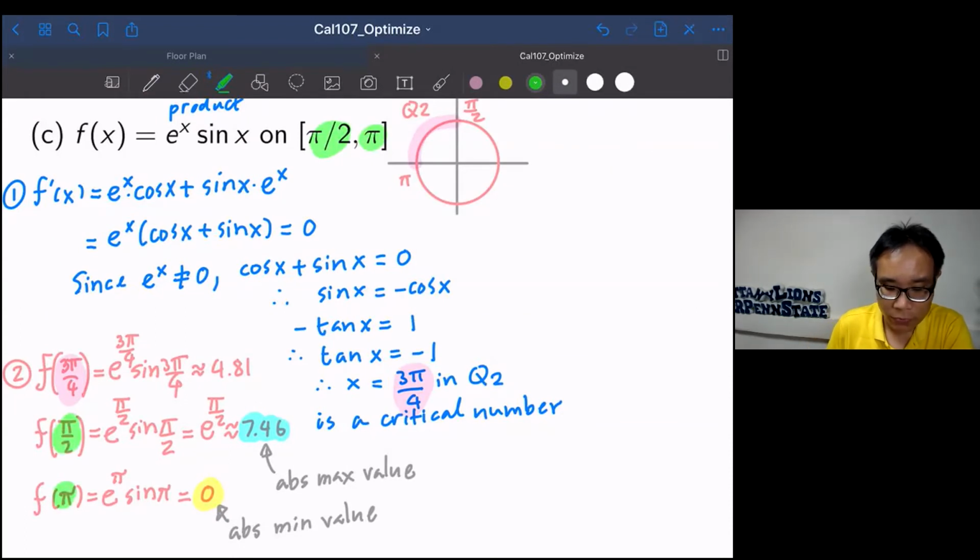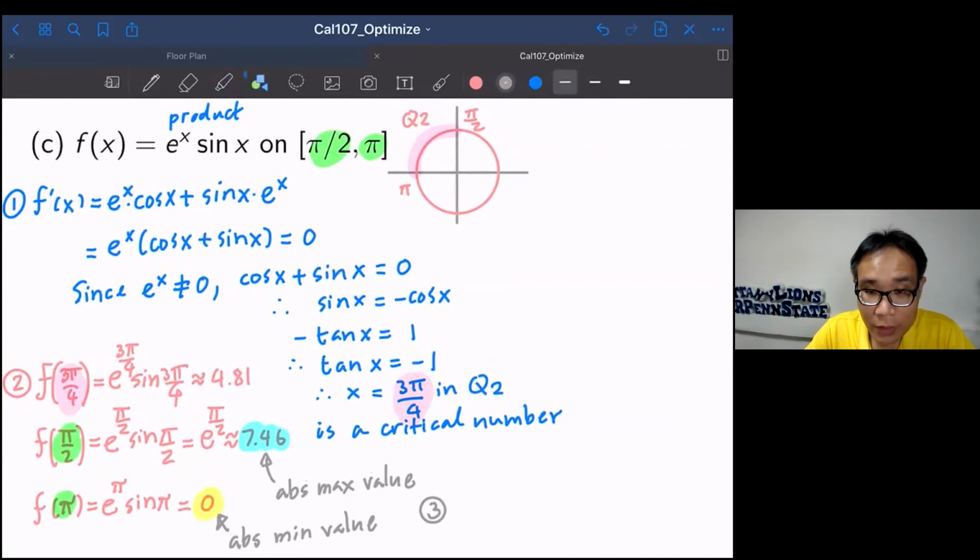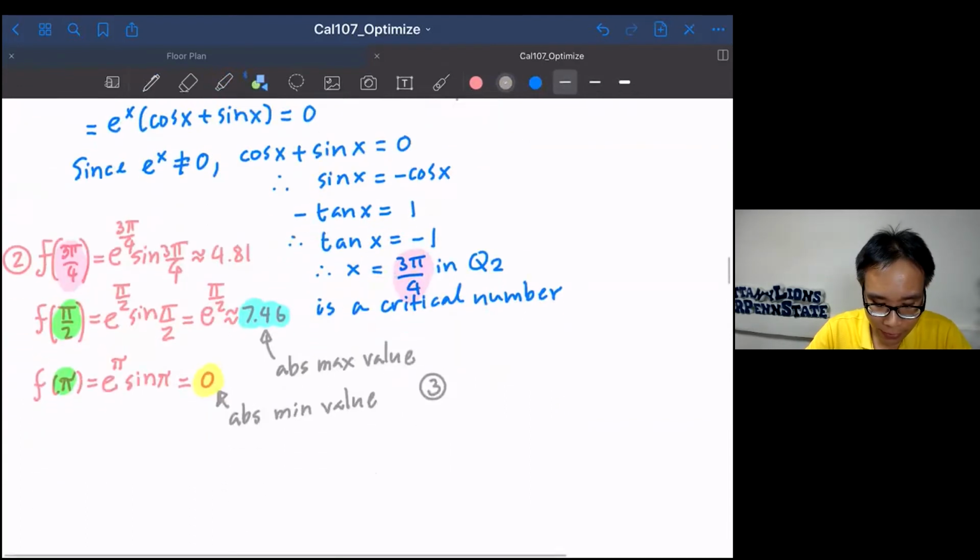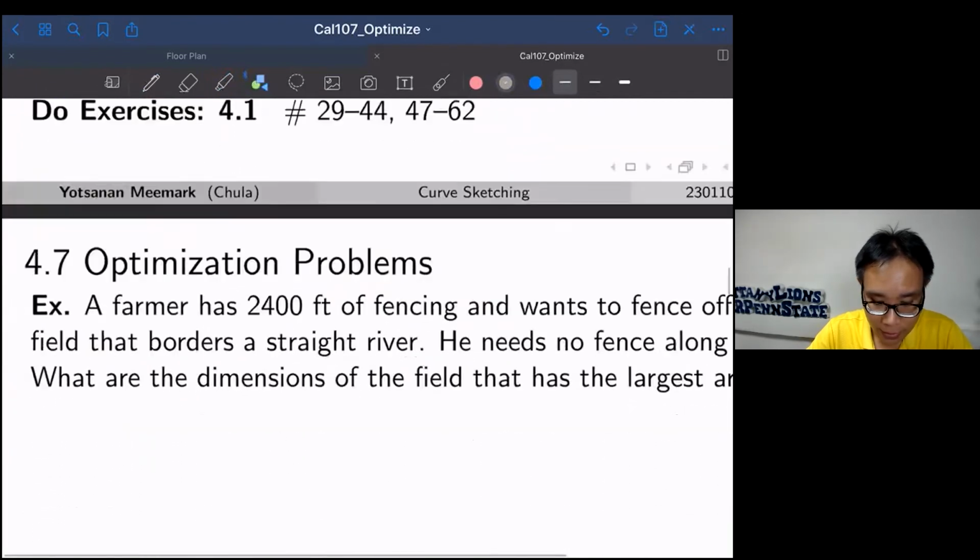Okay, so this is what we compute, and then we compare in the third step. So in the third step, we then compare. Okay, so this is how we get what is called the extreme value for the function on the given interval. Okay, so this one is 4.1.